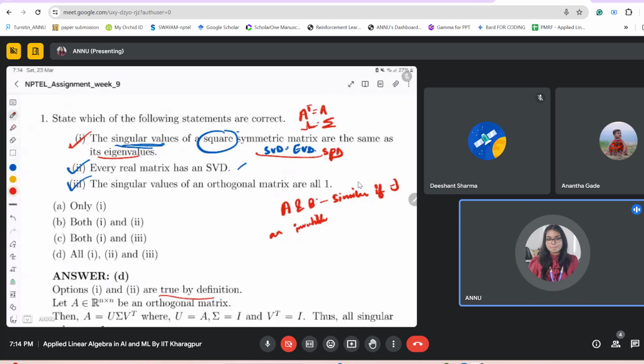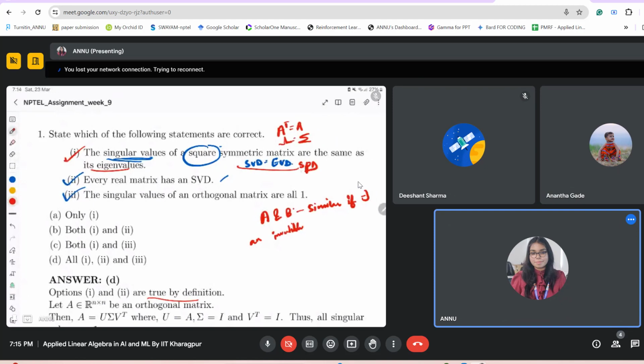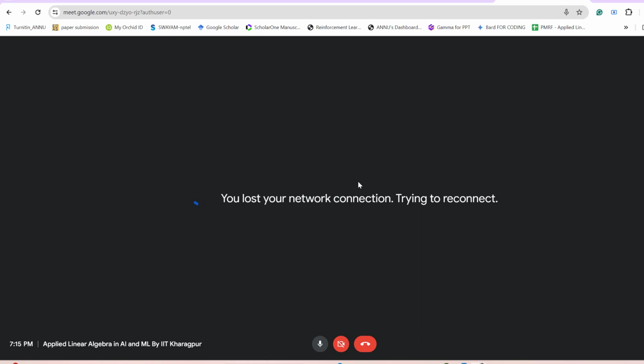But if you're talking only about this matrix, not about U and V, then in that case symmetricity is required, because anyway we saw that.